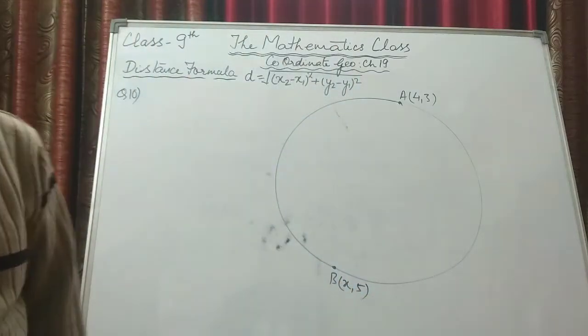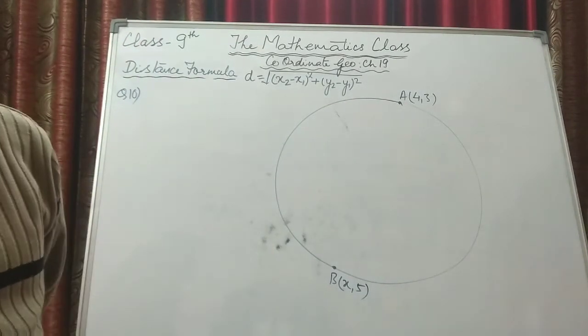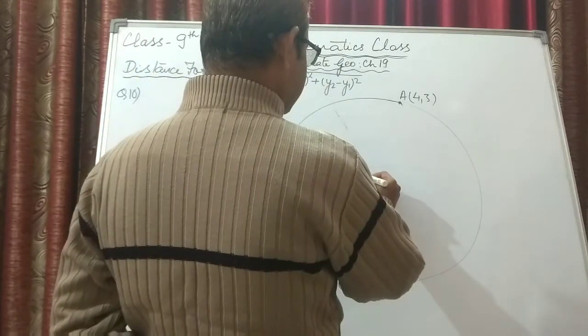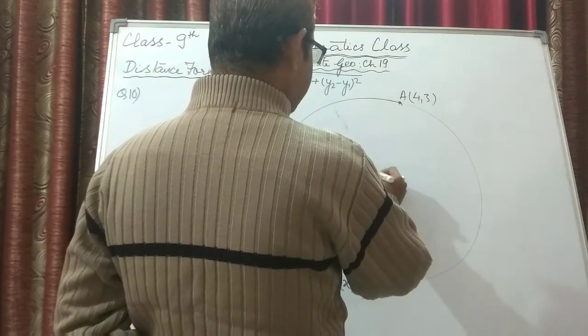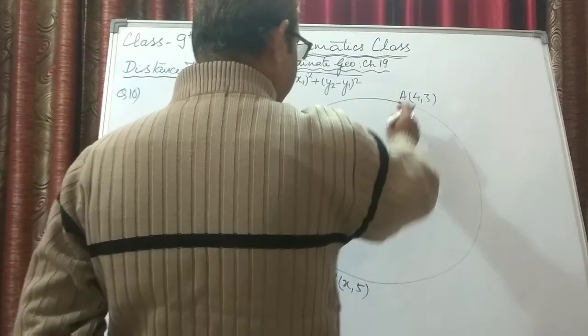They say find the value of x if the points A(4, 3) and B(x, 5) are on the circle with center (2, 3). This is the center of the circle O and its coordinates are (2, 3). You have to find out the value of x.